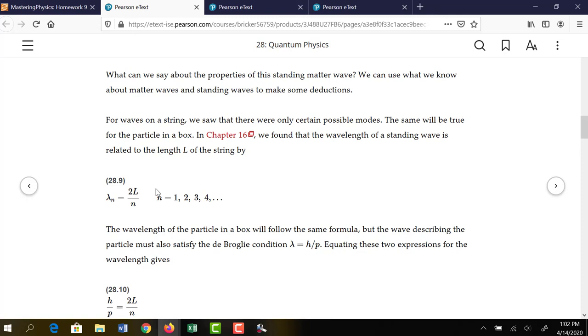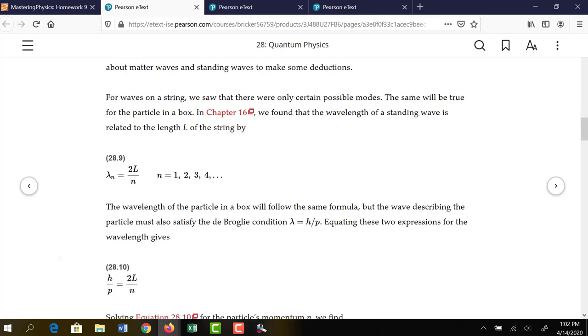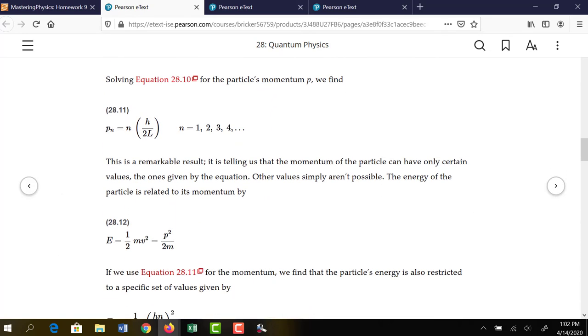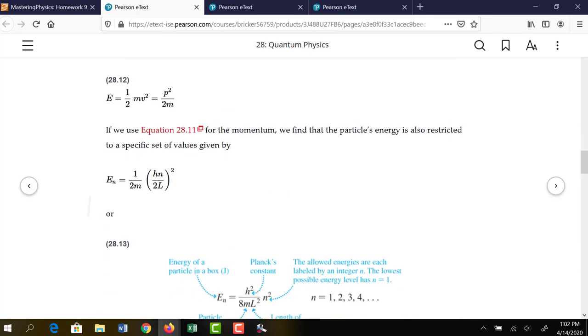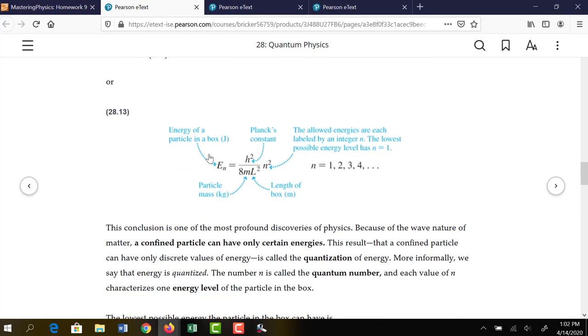Associated with those wavelengths is momentum, which we just saw in the de Broglie relationship, and also a certain amount of energy. So if you put that all together, this is the relationship for momentum. Energy turns out to be momentum squared divided by 2m. Put that all together, you get this formula here. So if you have a particle in a box, which is what we have, that's what they told us, it could be modeled as a particle in a box, this is the energy. So when n is equal to 1, that's the ground state energy.